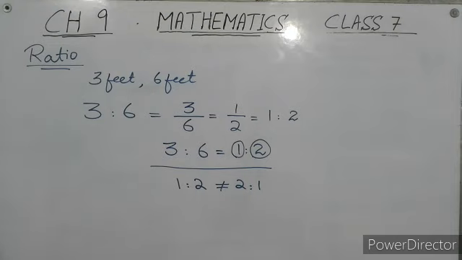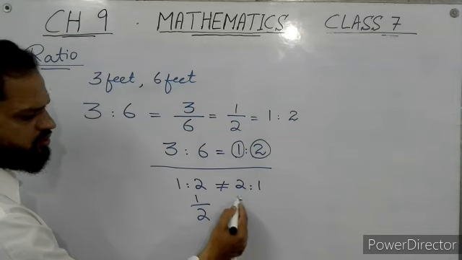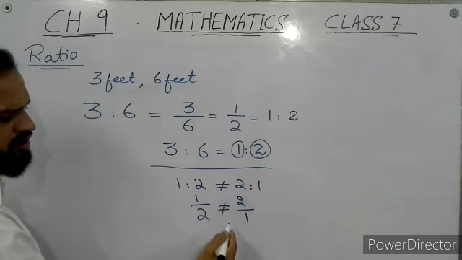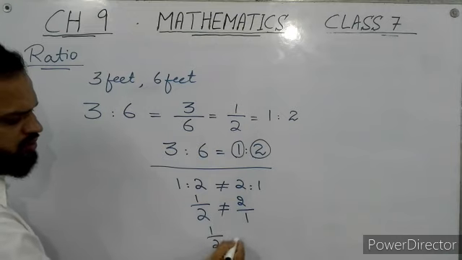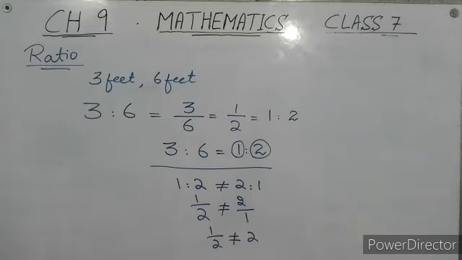The order of the terms in which the ratio is expressed is very important because 1:2 in fractional form is 1/2, 2:1 is 2/1, and 1/2 is not equal to 2. So we cannot interchange the terms of the ratio. 1:2 is not equal to 2:1.